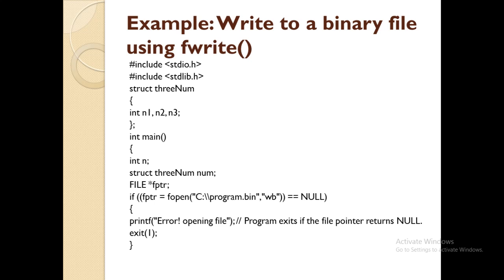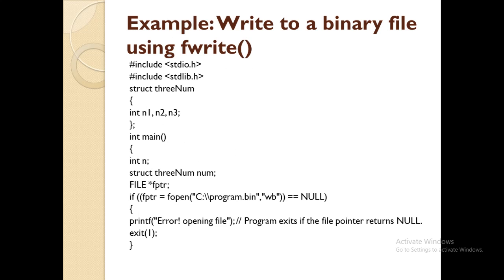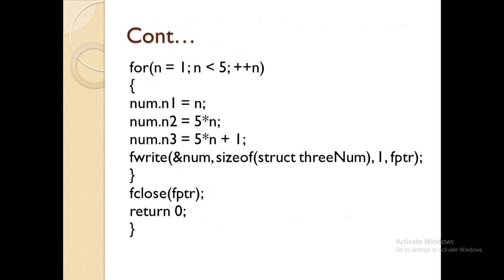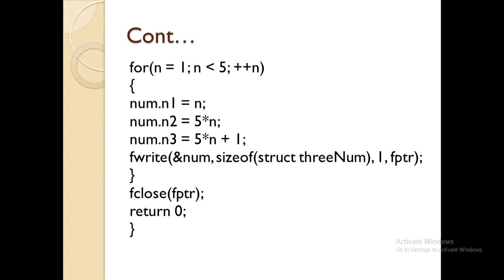Once you have opened the file, you check whether the file pointer is pointing to null or not. If the file pointer is pointing to null, then we print the message error opening file, and after that we exit the program. But if the file pointer fptr is pointing to a valid file, then we take a for loop from 1 to 4.